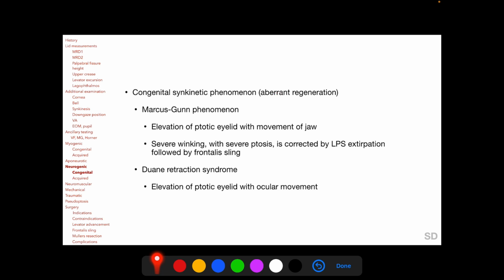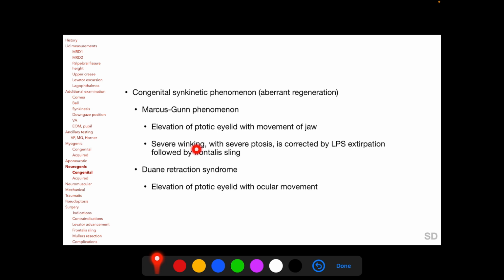Among them, there is Marcus-Gunn phenomenon, in which there is elevation of the ptotic eyelid with movement of the jaw. When there is synkinesis between the external pterygoid and the LPS, elevation of the eyelid occurs with protrusion of the jaw, opening of the mouth, and contralateral movement of the jaw. And when there is synkinesis between the internal pterygoid and the LPS, the upper eyelid elevates with clenching of the teeth.